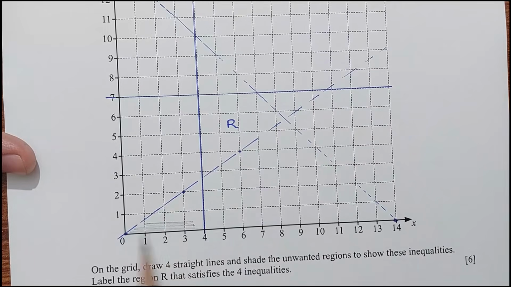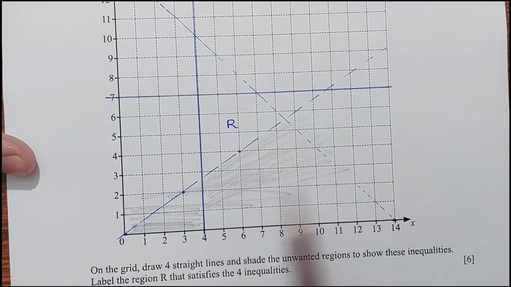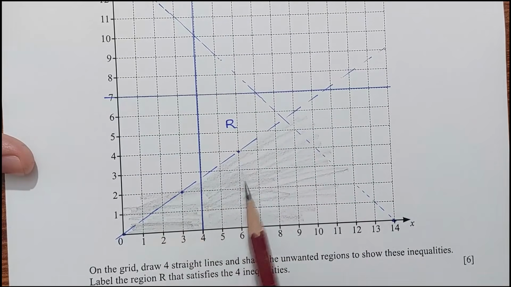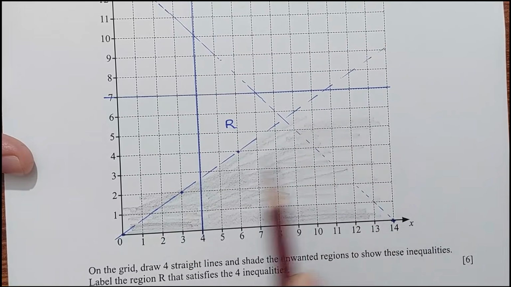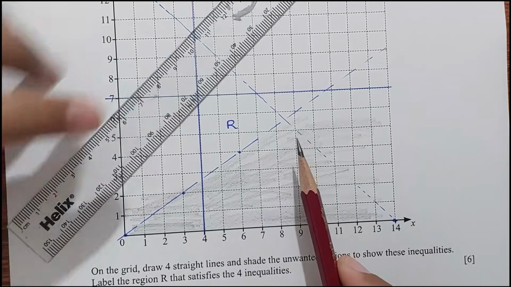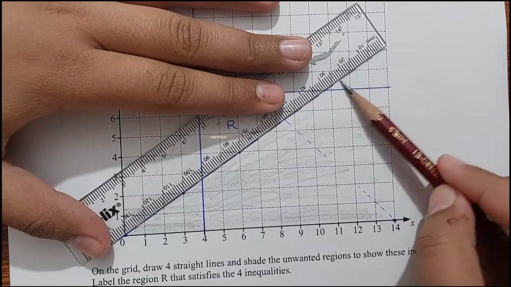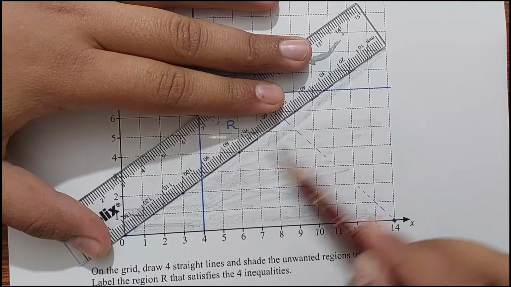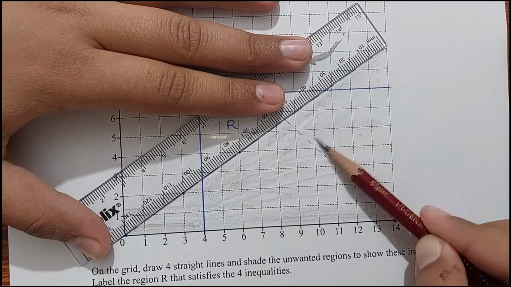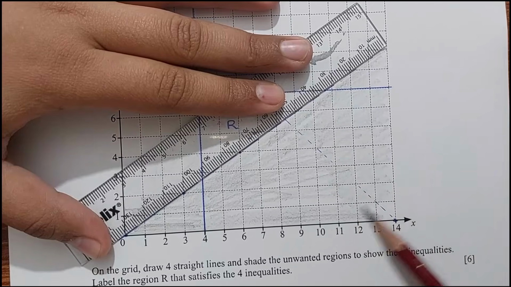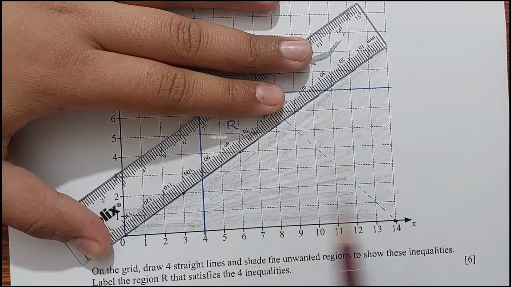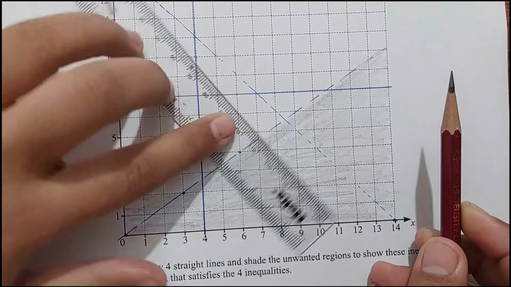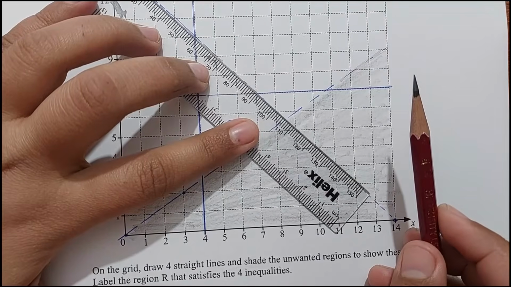So this would be the unwanted region. This is also the unwanted one.